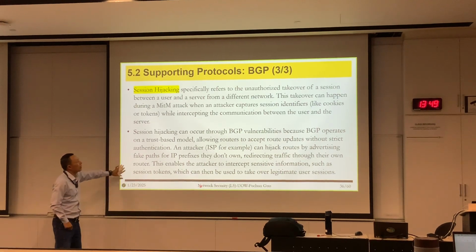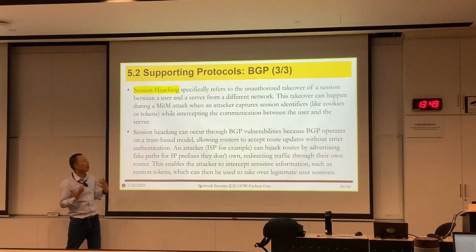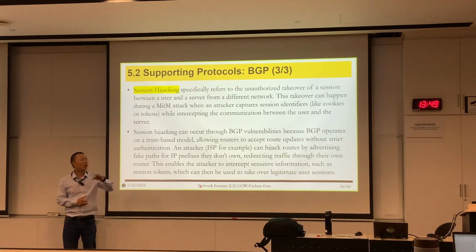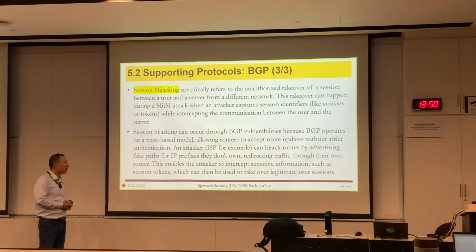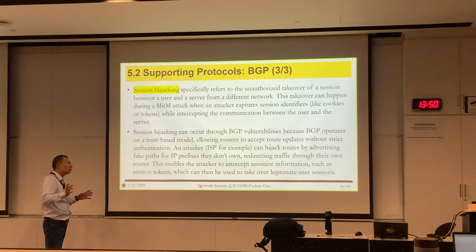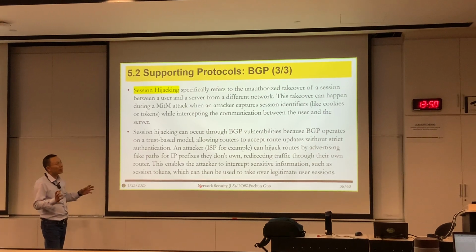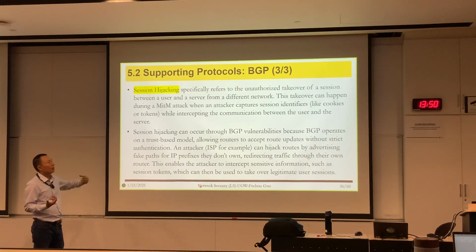Okay, let me explain this one. I'm one of the service providers. There's one communication between Alice and Bob, right? But their packets don't need to go through my intermediate router.